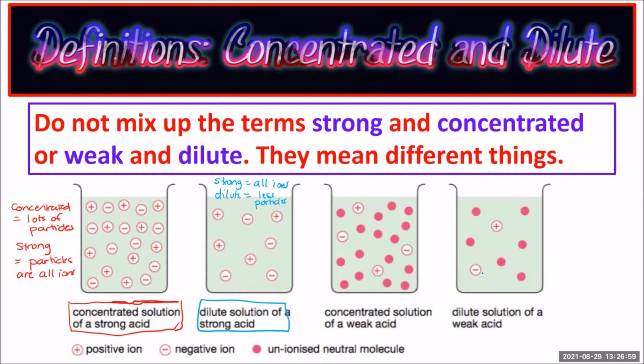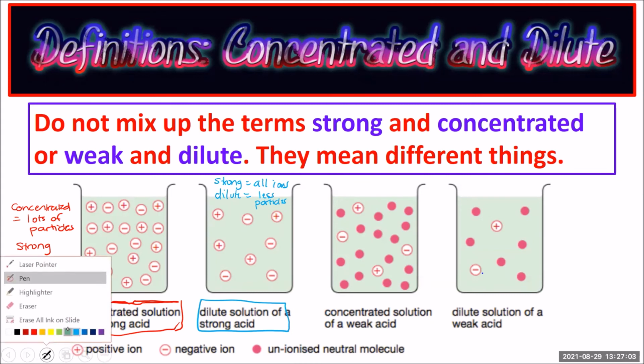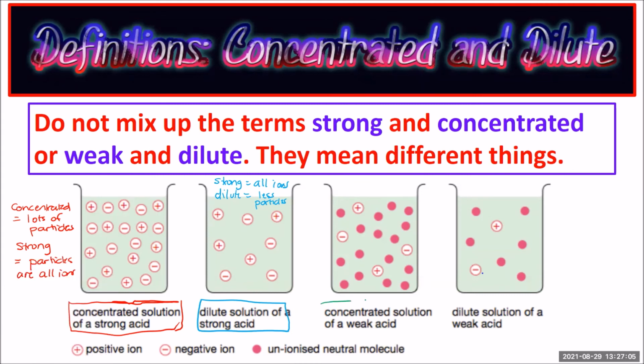All right, let's have a look at a concentrated solution of a weak acid. So a concentrated solution of a weak acid, the concentrated means lots of particles. And the weak acid means that not only do we have hydronium ions and the anions from the acid, but we also have unionized acid molecules.